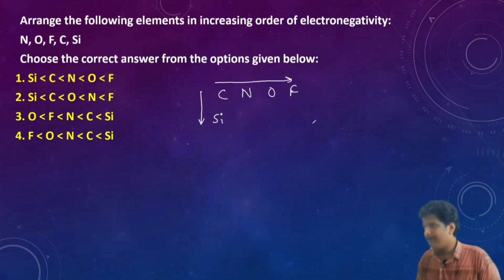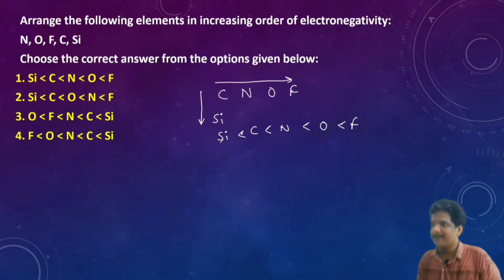So I will write the order as: fluorine is greater than all the remaining, then oxygen, nitrogen and carbon. Silicon is below carbon, and from top to bottom there is a decrease in electronegativity, so silicon is less electronegative than carbon.